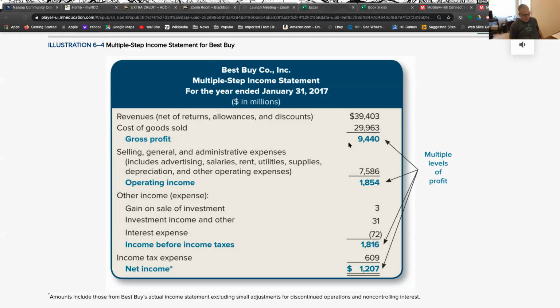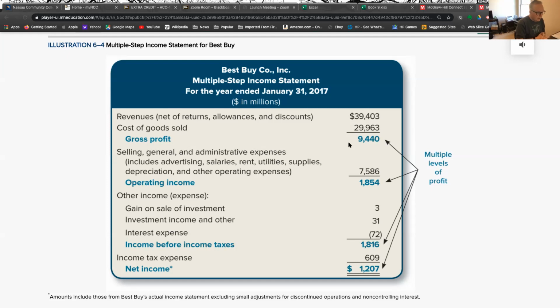It's the profit that we make just on the merchandise, right? If I sell something for $100 and that thing cost me $60, my gross profit would be $40. That's what gross profit means. How much profit did I make just on the merchandise?